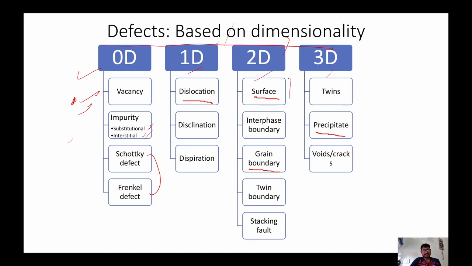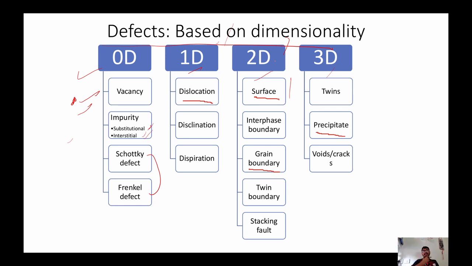There is a surface, and because of the dangling bonds there are surface defects. Because of lattice mismatch, when there is growth of another material or crystalline structure, like growth of germanium or gallium arsenide or silicon, then at the interface there are 2D defects.